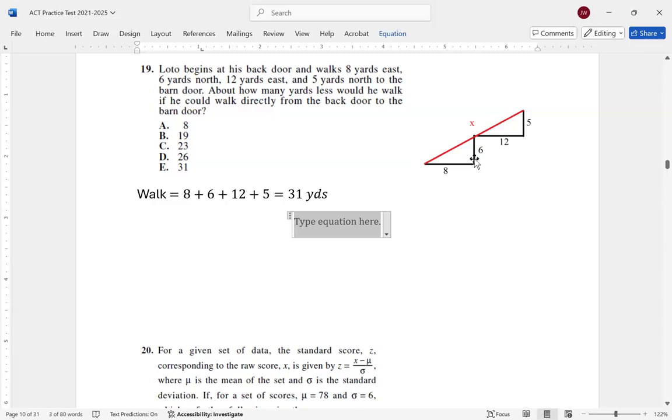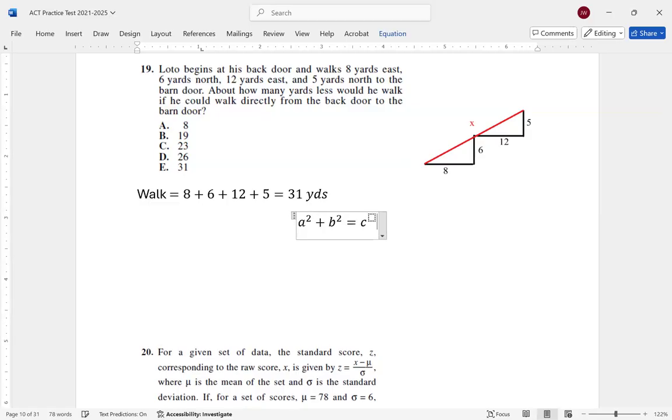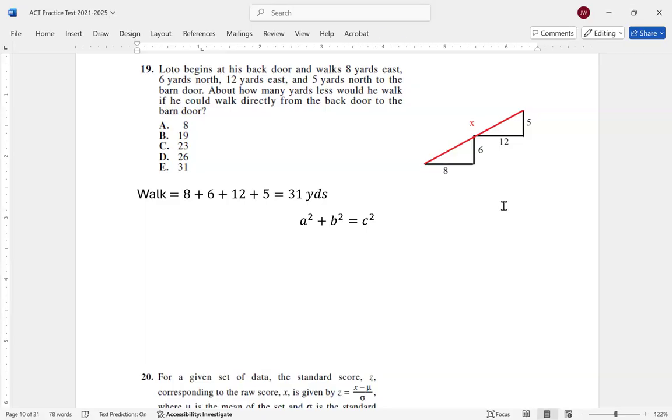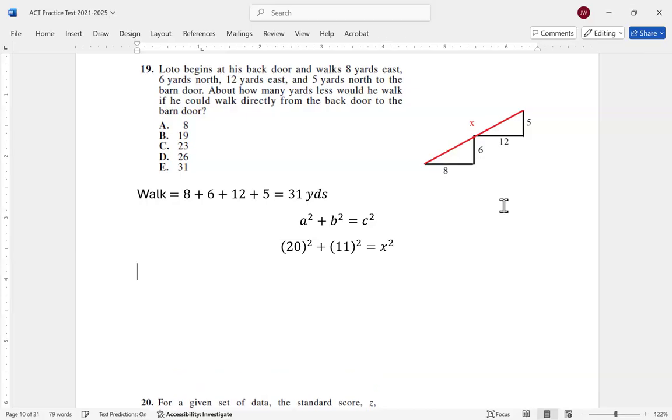So I can find X by using the Pythagorean theorem, a squared plus b squared equals c squared, where a and b are the legs of a right triangle and c is the hypotenuse. Like I said, one leg is size 20. The other leg is size 11. And so we get 20 squared plus 11 squared is equal to x squared.